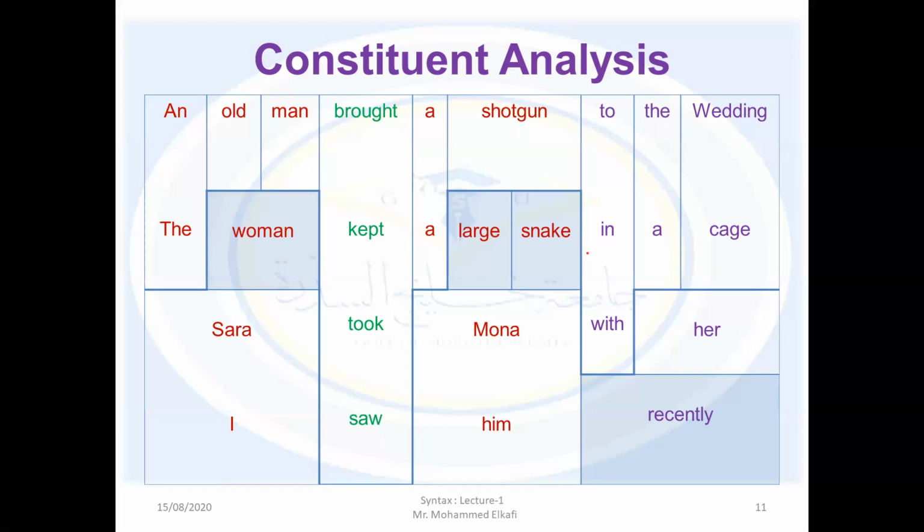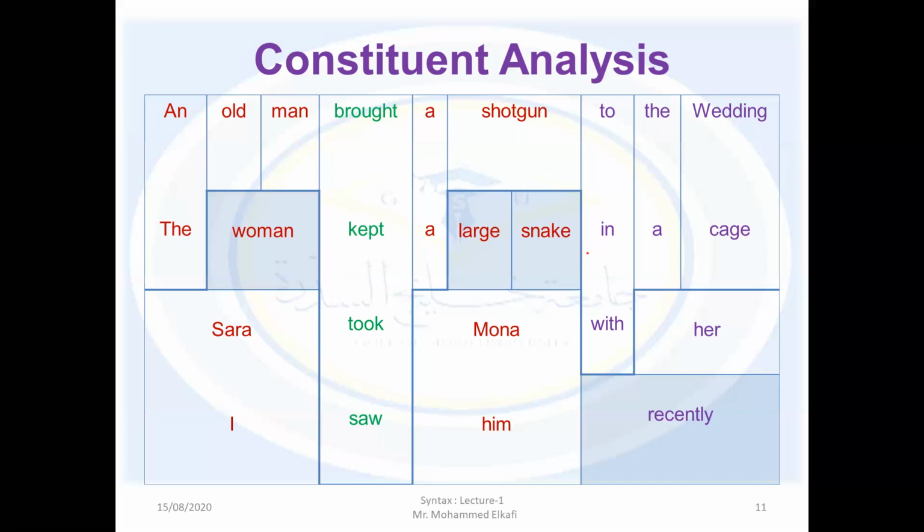Okay, so we have some similar constituents as you see. Noun phrases with the same components, with the same function. The noun phrase can be used as subject before the verb or object after the verb. And the prepositional phrases, we found them here or see them at the end.